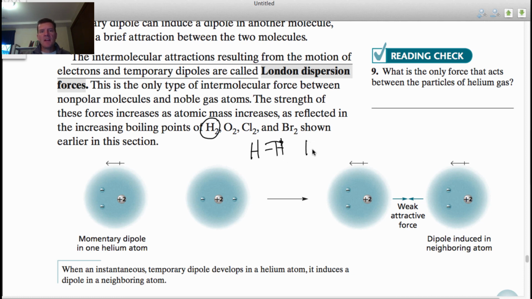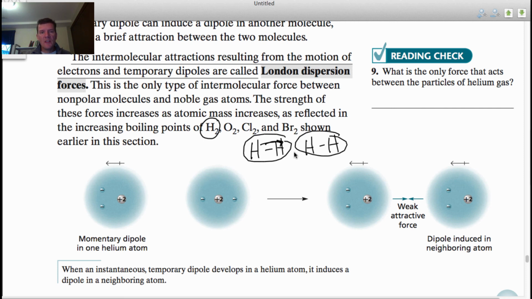And then that might cause a little bit of a switch in the dispersion again, the spreading out of the electrons of the other one, the other H2 molecule next to it. So basically what that means is you have a momentary lopsidedness of electrons on the one, and that's going to cause a momentary lopsidedness on the other.